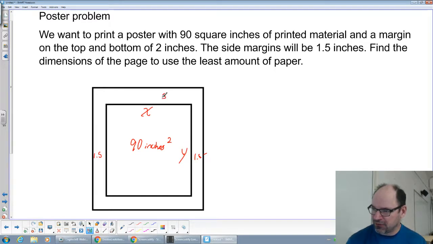There's 2 inches here and 2 inches here. So this dimension of the outside paper is going to be Y plus 4. This dimension is going to be X plus 3.